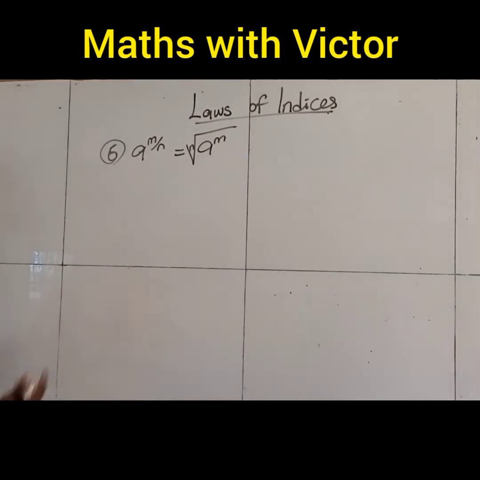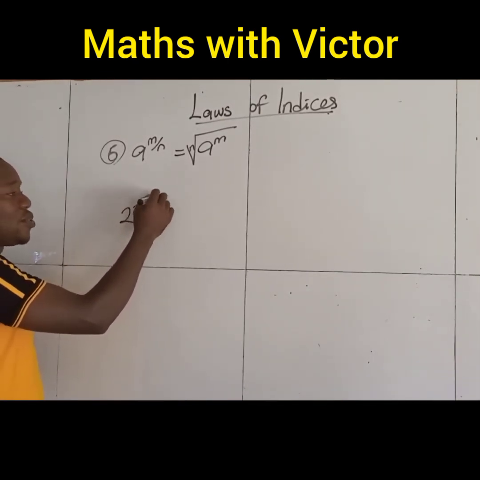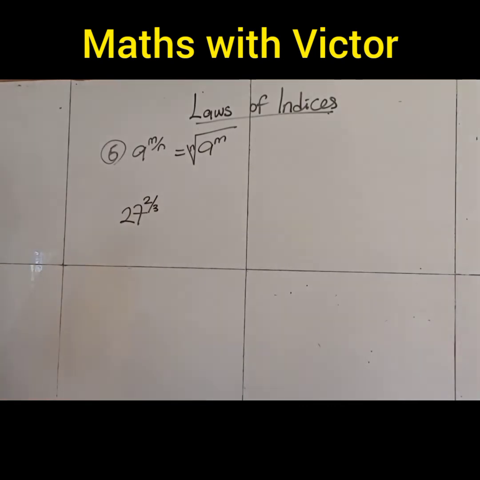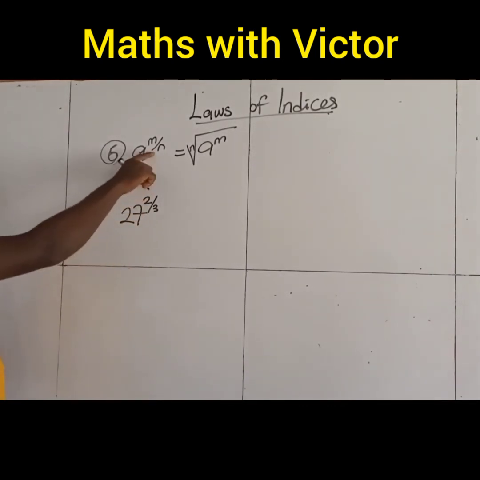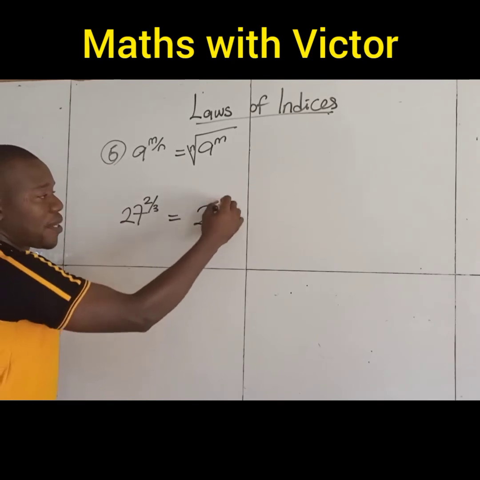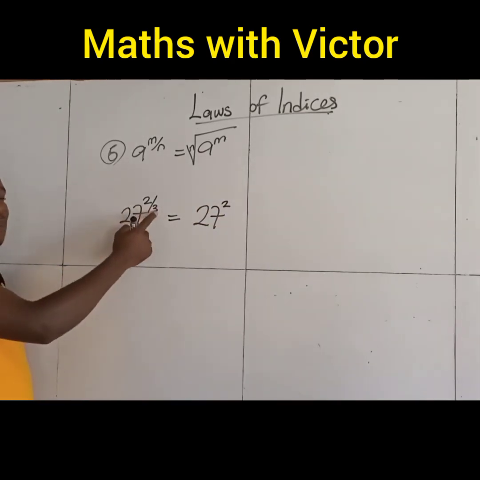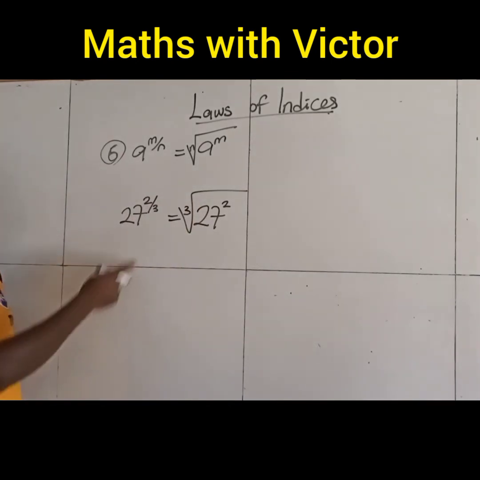A simple illustration of this law, if I have 27 raised to the power 2 over 3, for instance, this is a fractional power. 2 over 3 is a fraction, so we can apply the law of fractional powers. And when we do that, the numerator remains the power, 27 raised to the power 2, but the denominator becomes the root, which is the cube root.